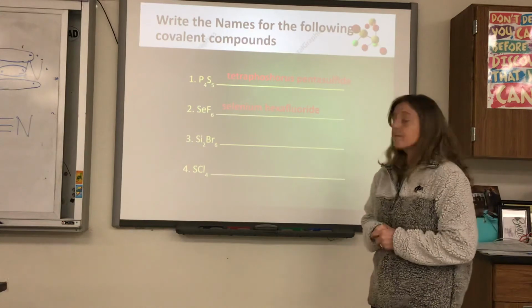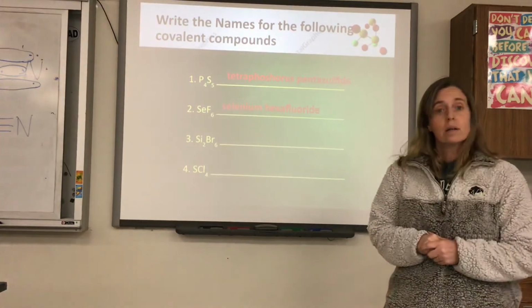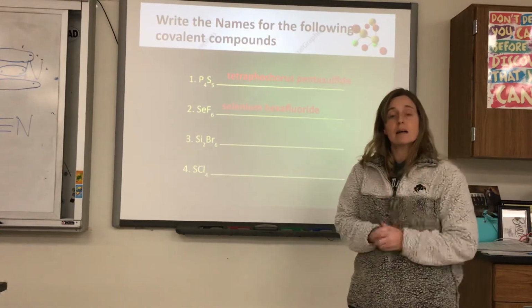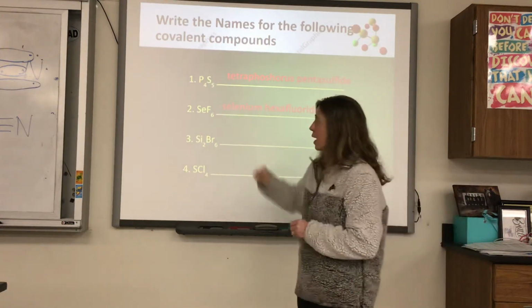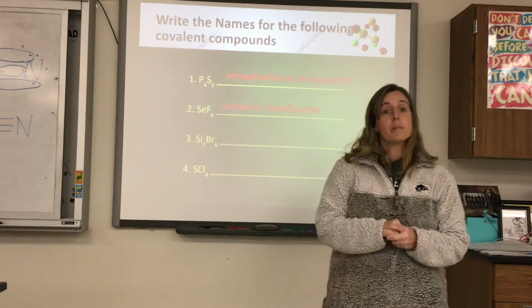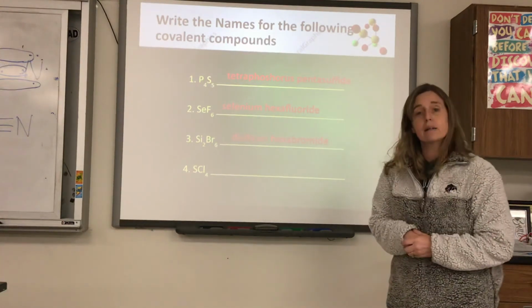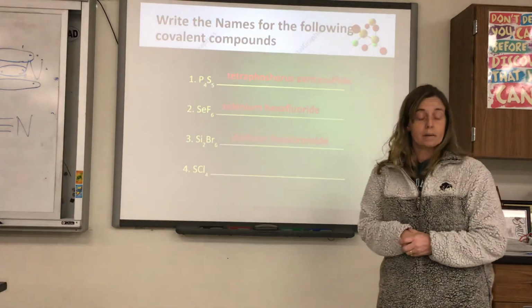Next, you have Si, which is silicon, and you have a 2 by it. So it's going to be disilicon, and then the Br has a 6, hexabromide. So the next one would be disilicon hexabromide.